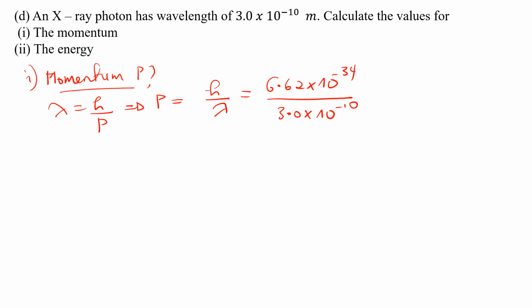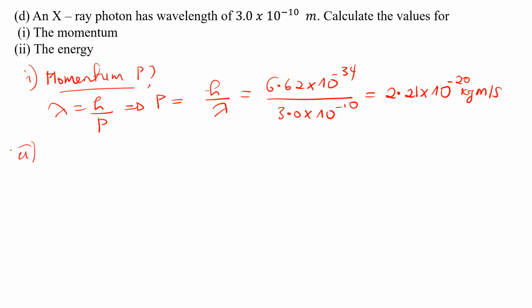Okay, so it gives us 2.21 times 10 raised to negative 20. So the momentum will be equal to 2.21 times 10 to the negative 20 kilogram meters per second.